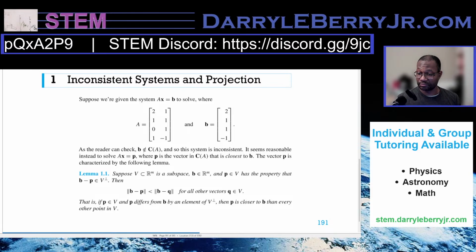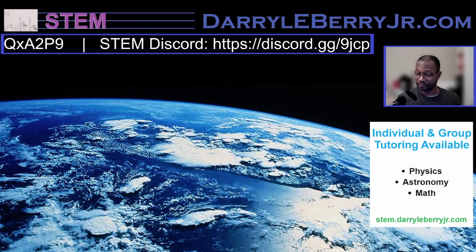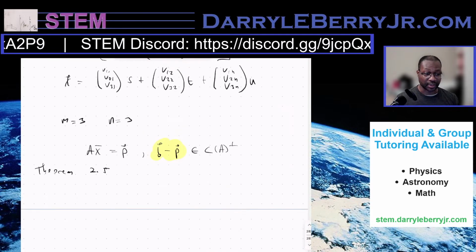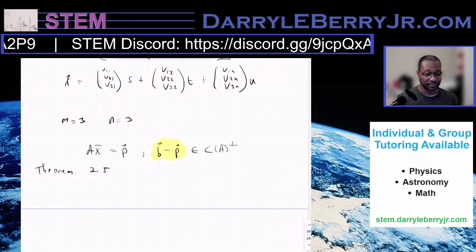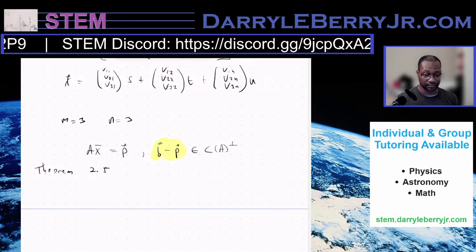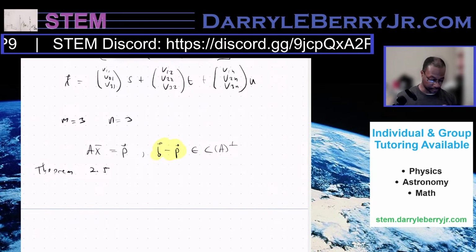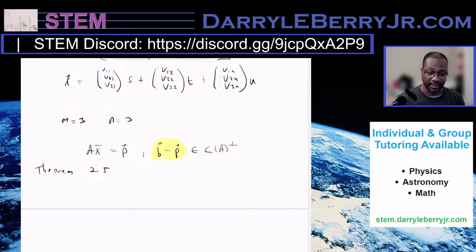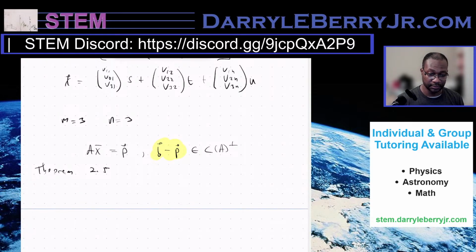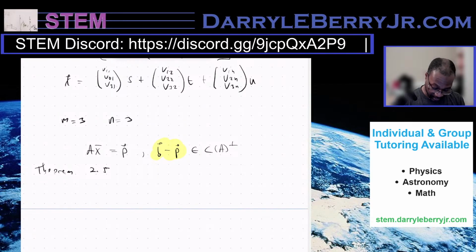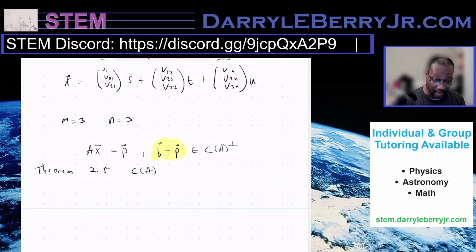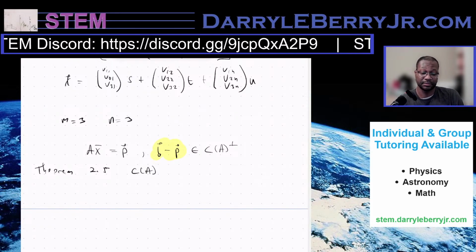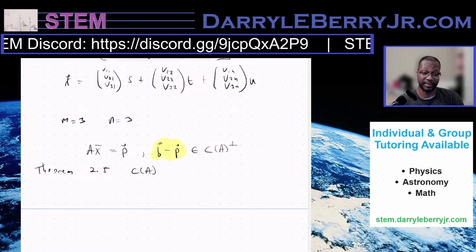So this is where we were. And we left off with theorem 2.5 in chapter 3. And it says the column space, which we know are the vectors of the matrix which span the subspace.